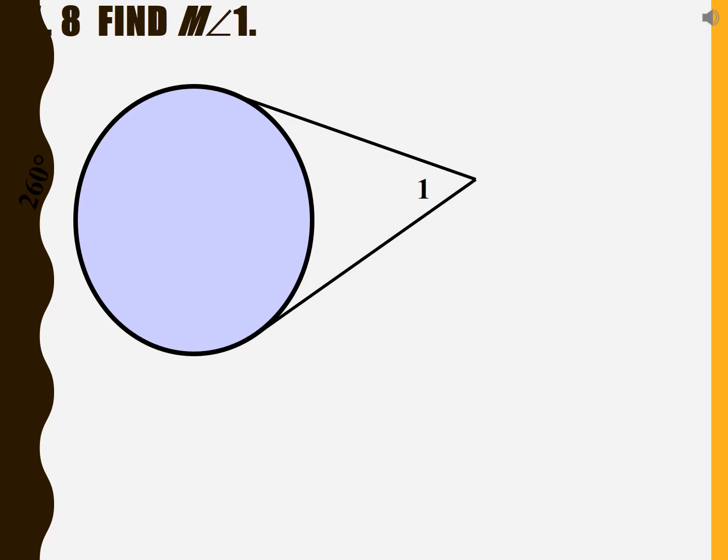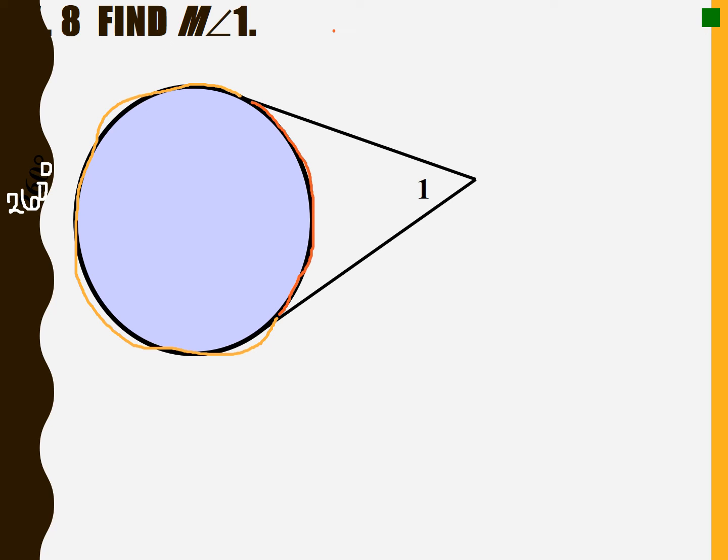One more problem. Gets a little bit more complicated, and you cannot see this angle here. This is 260. So this time we're only given one number, and we're trying to find the angle. However, if we look at our image, this whole arc is 260, and we know that we need to find this smaller arc.